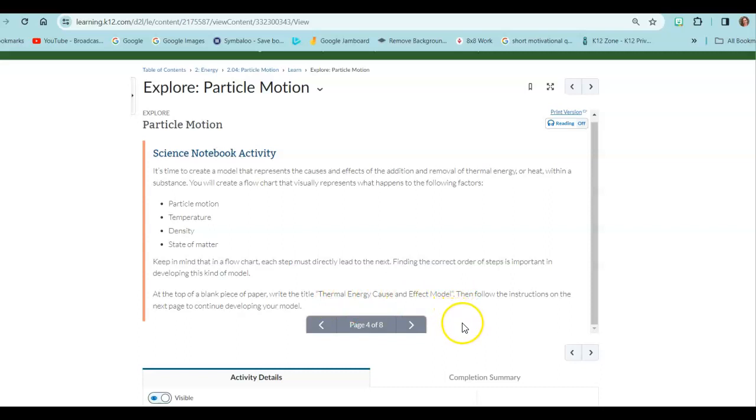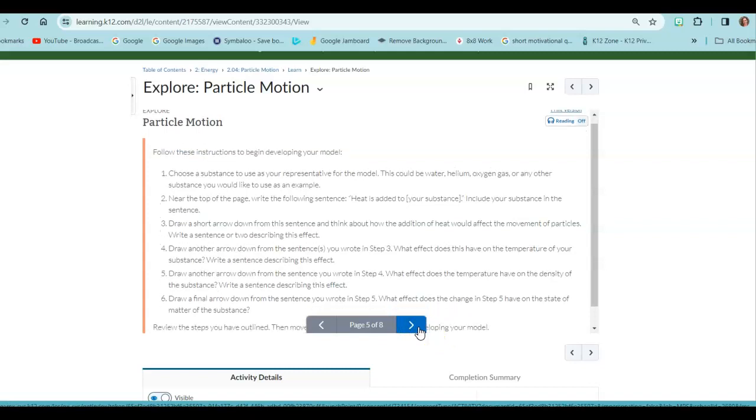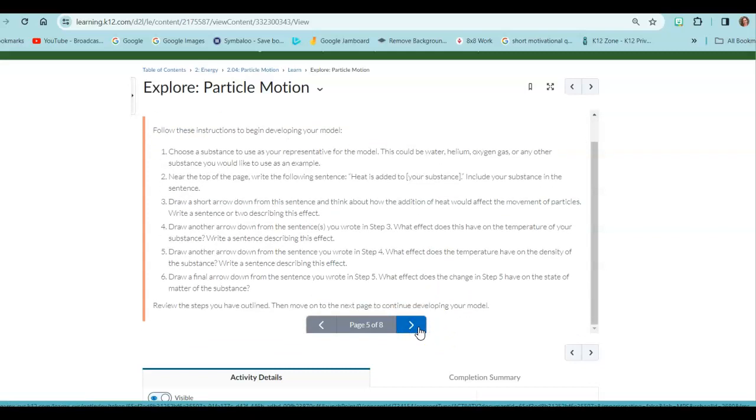You can do this digitally in your science notebook right on the slide, or you can do it on notebook paper and take a picture, email it to yourself, and then copy paste it into your PowerPoint. So you'll do that. You have the title, and then follow the instructions on the next page to develop your model. All right, so it lists step by step what we need to do.